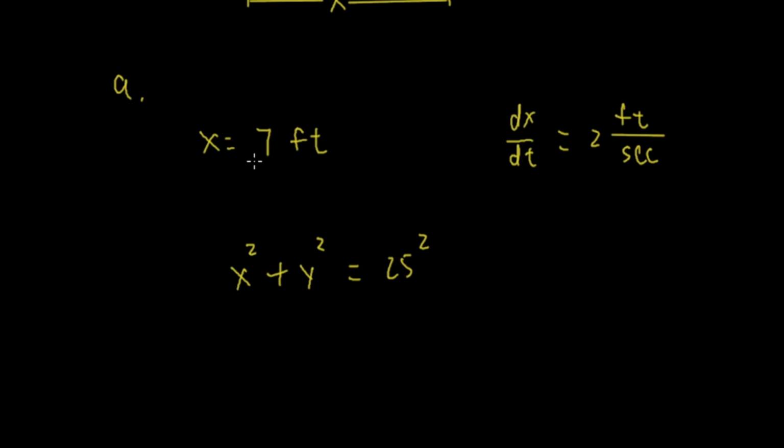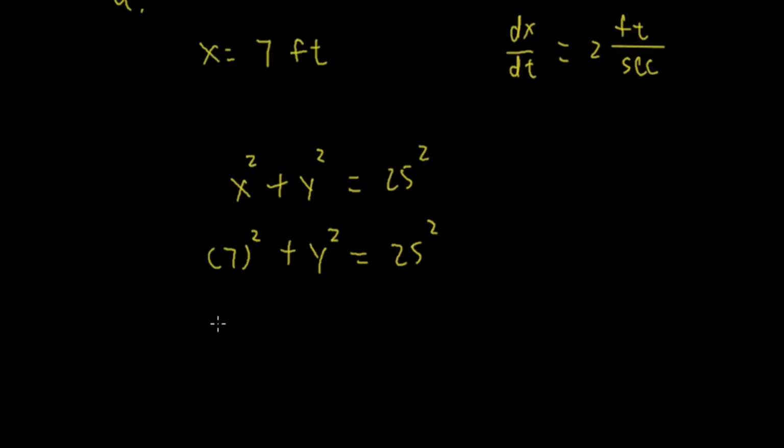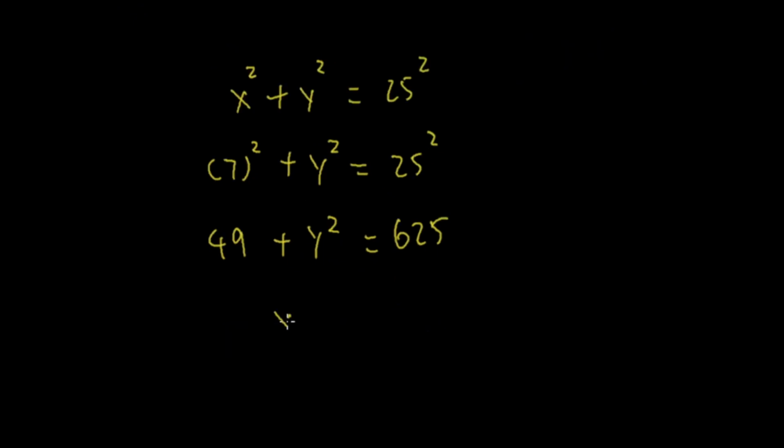Now, x is 7 feet. So we can say that 7 squared plus y squared is equal to 25 squared. Now, 7 squared is 49, plus y squared. 25 squared is 625. Now, isolate y. Y squared is equal to 625 minus 49, which is 576.